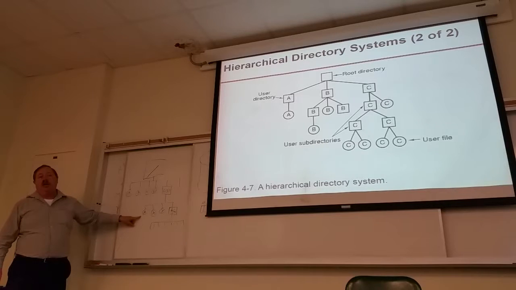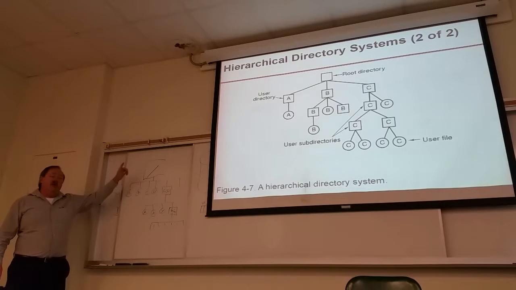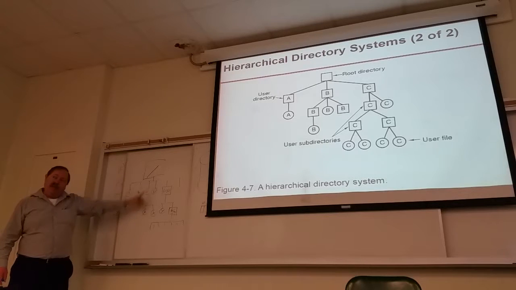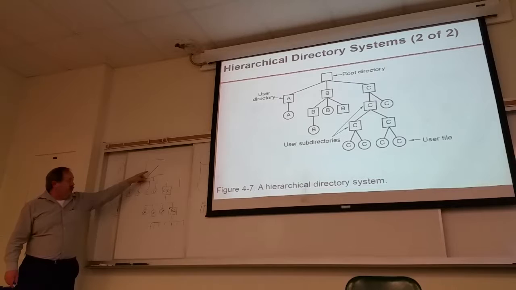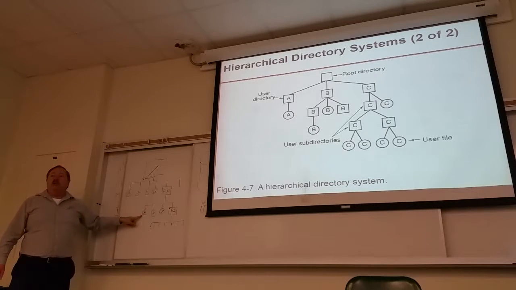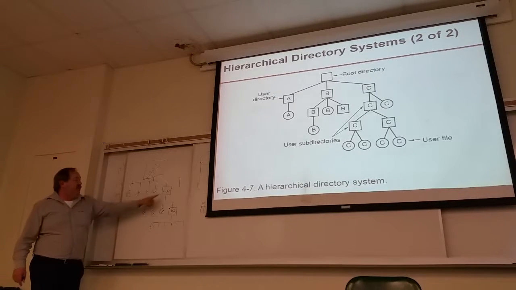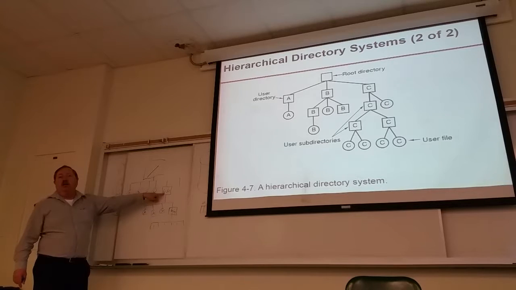In other words, as long as they have a different parent directory file, they can have the same name, because the fully qualified path name is unique to this A, and the fully qualified path name is unique to this A. So the fact that they're both A, don't care. The fact that this directory file here has only one file named A, that's what I care about.